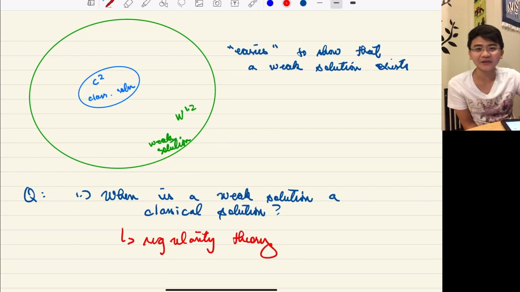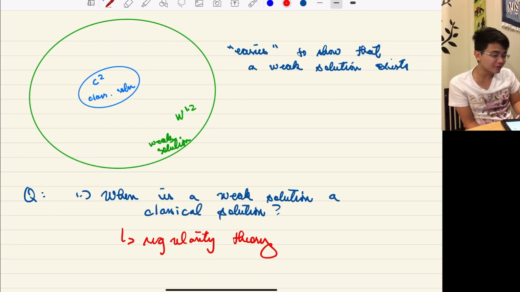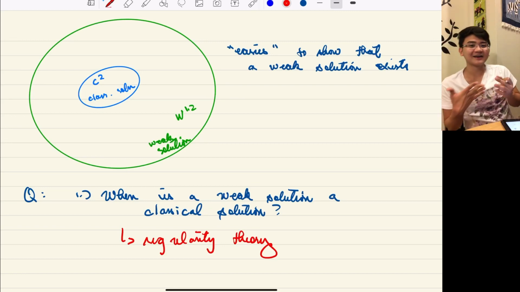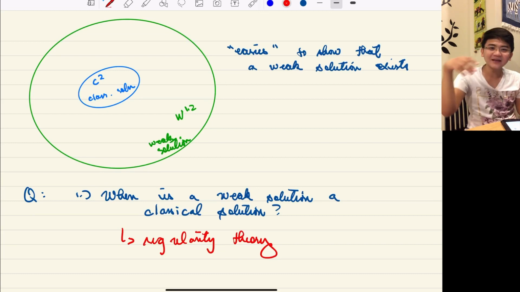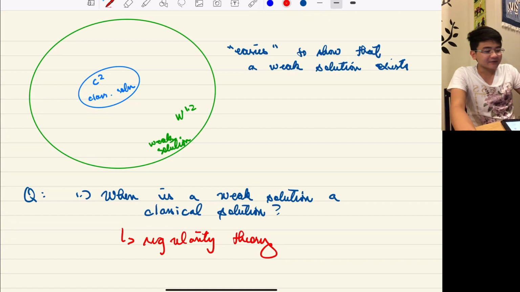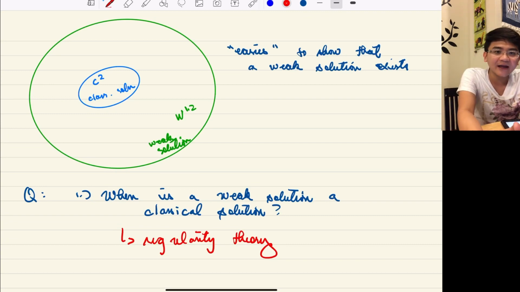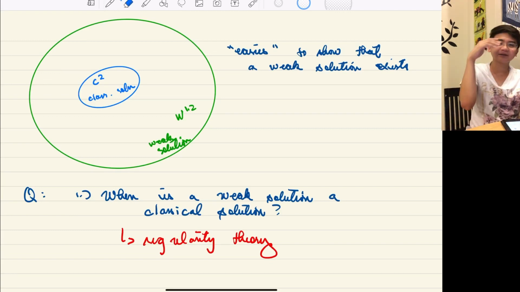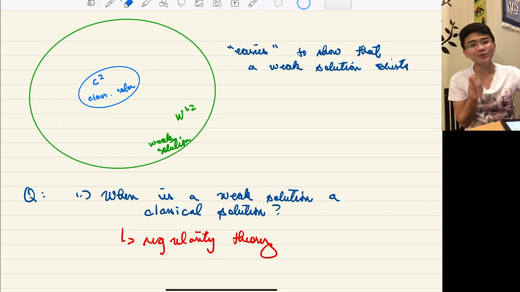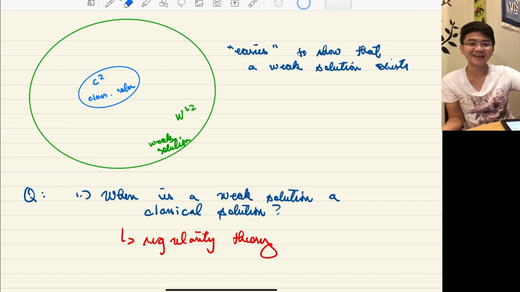Are the derivatives also continuous? It's a highly non-trivial thing for PDEs to show that weak solutions are in fact classical solutions. In ODEs, I don't think it's the same difficulty, it might be easy to show that weak solutions are classical, but in PDEs it's different. So the set of lectures that we're going to do today, after this preliminary video, will be looking into that. We'll try to prove that under certain conditions, weak solutions actually have better regularity, that they're going to be Hölder continuous and their derivatives are also going to be Hölder continuous.